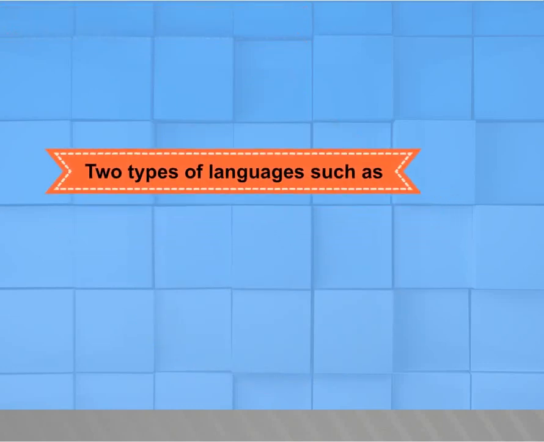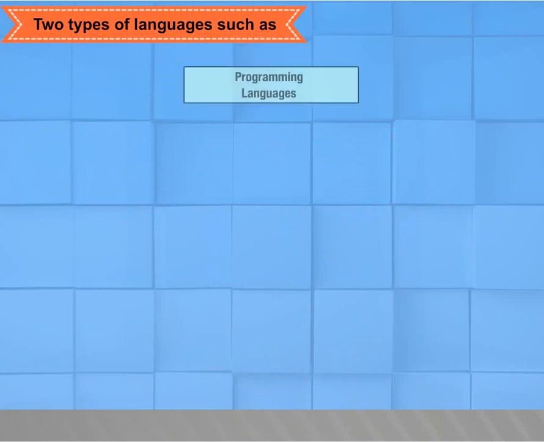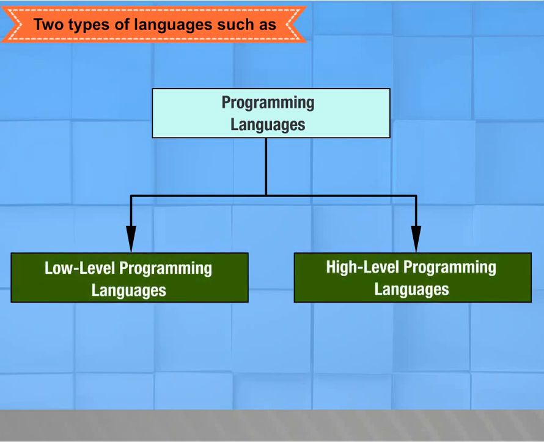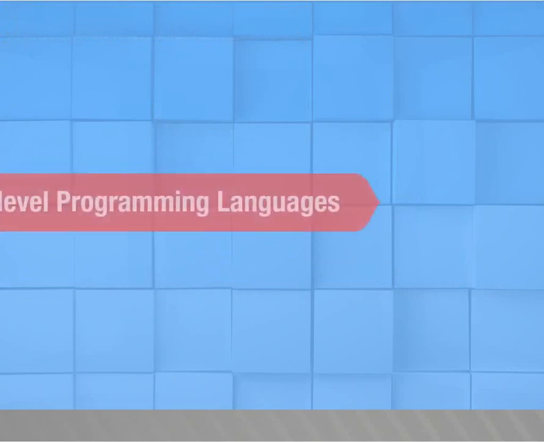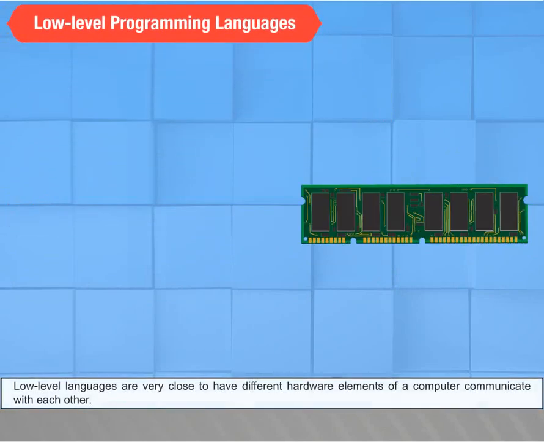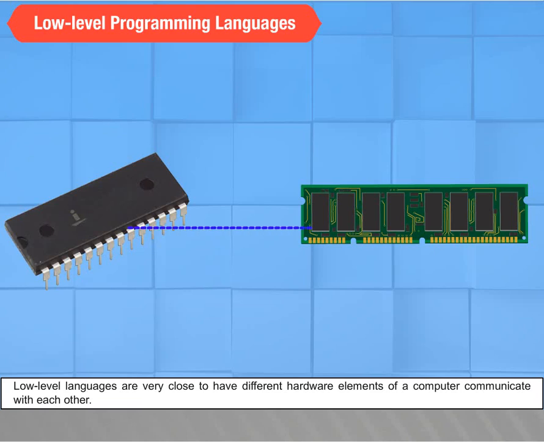Two types of languages: low-level programming languages and high-level programming languages. Low-level programming languages. Low-level languages are very close to how different hardware elements of a computer communicate with each other.